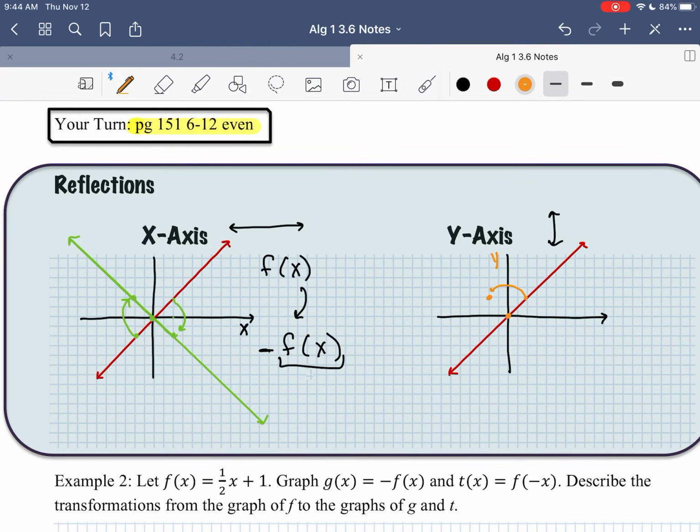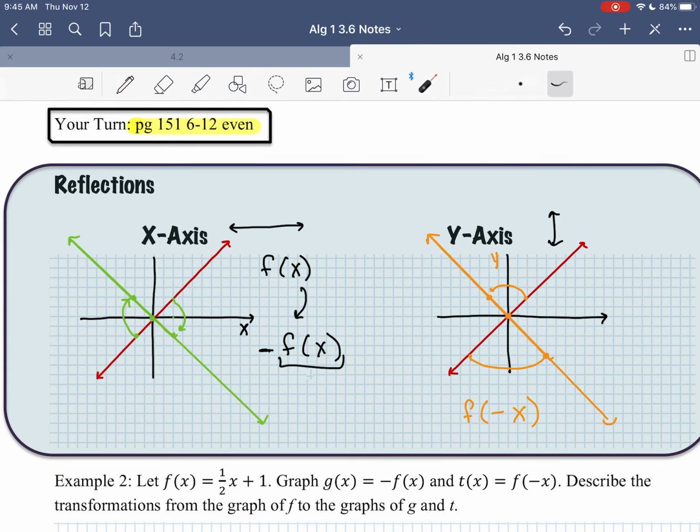This point will stay the same. This point down here is going to flip over here. If you notice, this x-coordinate was positive 2, now it's negative 2. So this puts the negative on the x, so it'd be f of negative x to flip it.